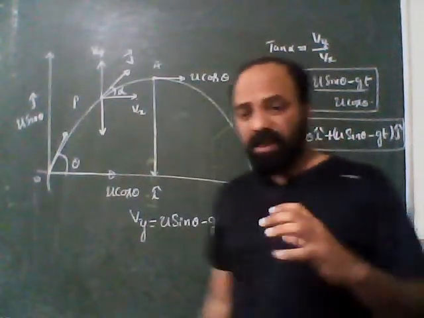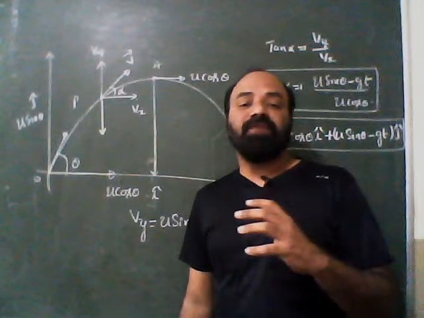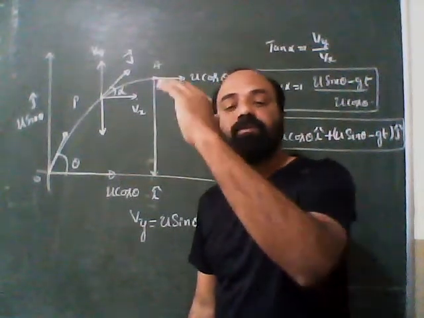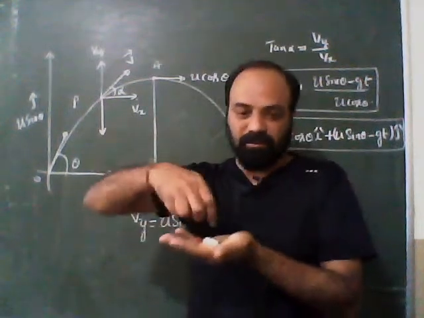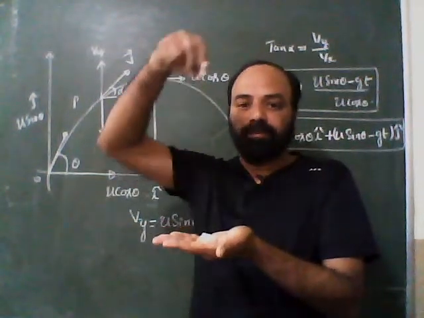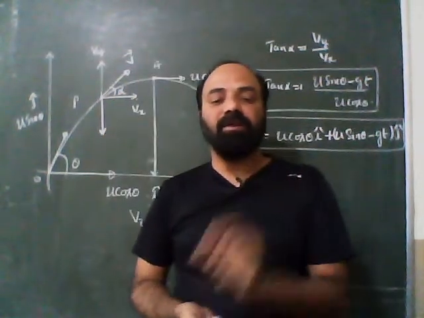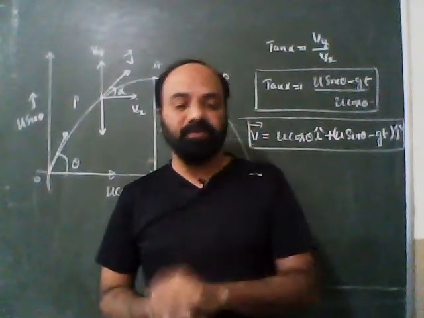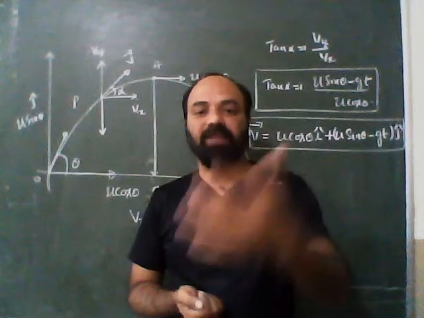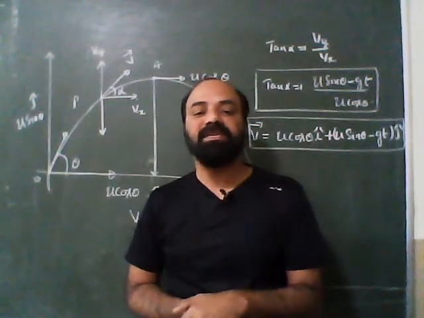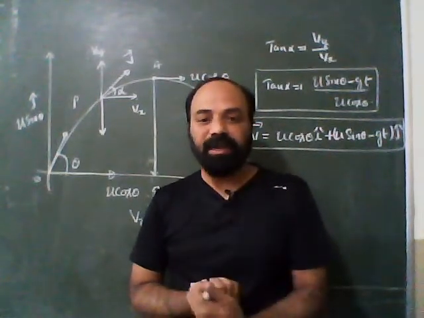Now see, in the case of time of ascent, while the body is moving in the upward direction, initially the body is on the ground and now it is moving up. We know the concept of kinetic energy and potential energy. You may have learned it in 9th standard, and otherwise we will learn it in the next chapter, work, power, energy.